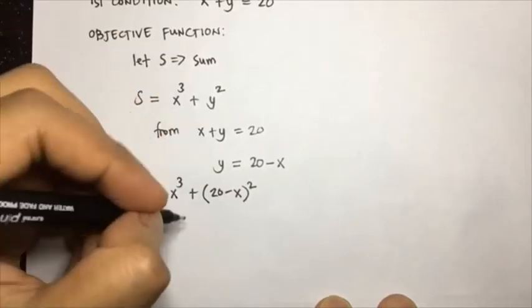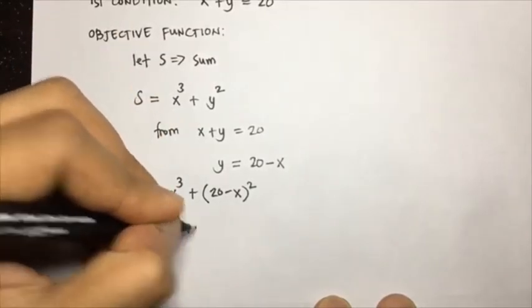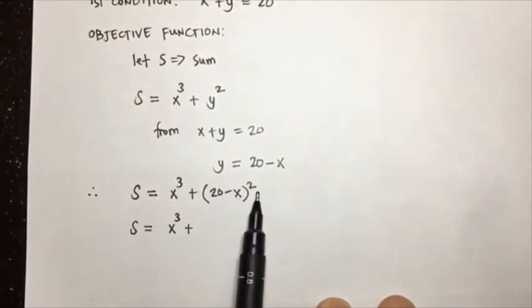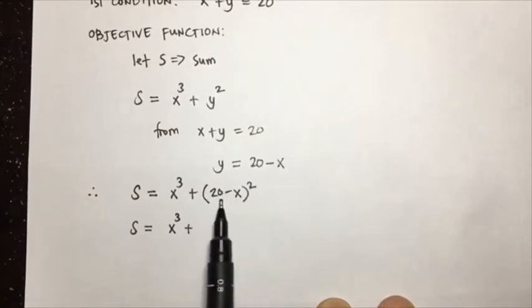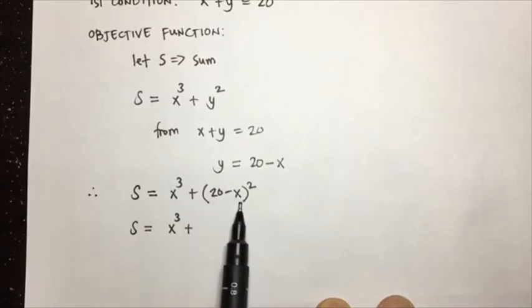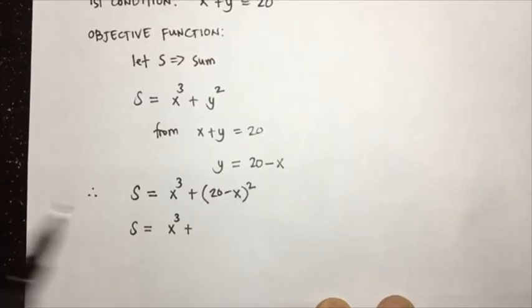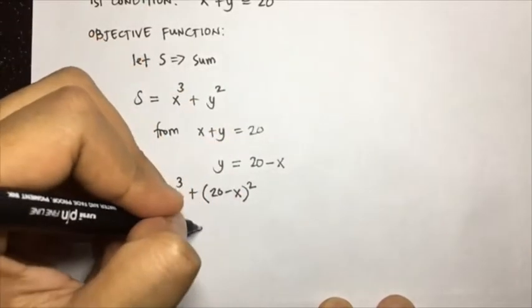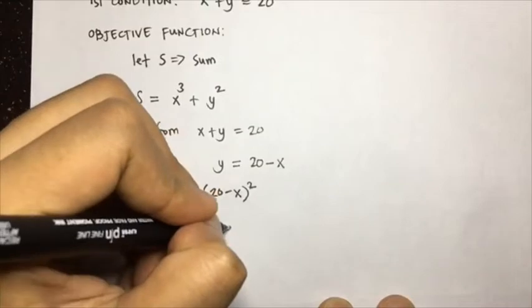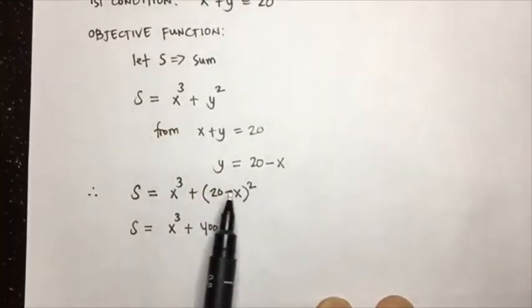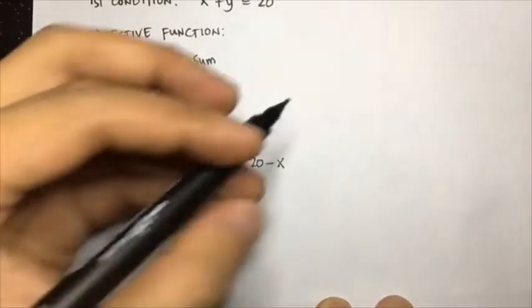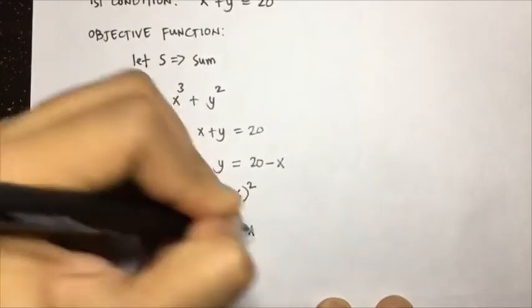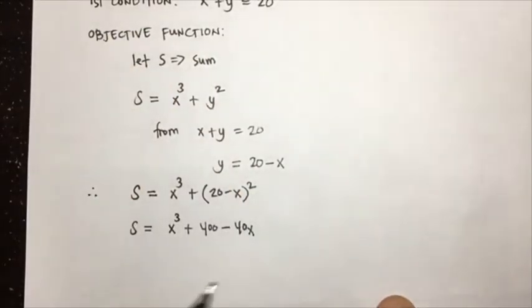So x cubed plus 20 minus x squared. This is a special product, so we'll have the first term squared minus 2 times the first term times the second term plus the second term squared. That will be 20 squared, so that is 400, minus 20 times x times 2, so that is 40x, then plus x squared.